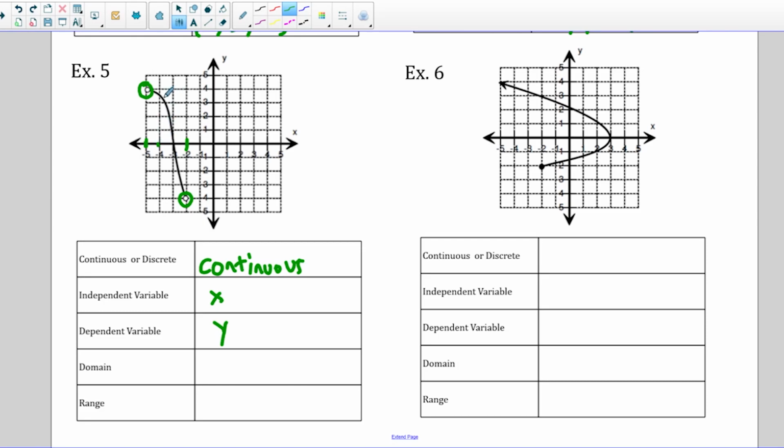Sure, at this point here, x is equal to -4. Is there one where x is equal to -3.1? Yep, -3.1 would probably be about here. Is there a point where you have -2.5? And that would be right about here. So we can see that we have a whole bunch of values in between those 2 endpoints, and that's what's the most important to figure out in terms of understanding the domain and range of a continuous set of data. We're going to look for our 2 endpoints first.